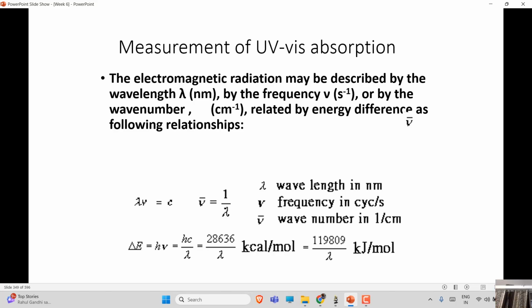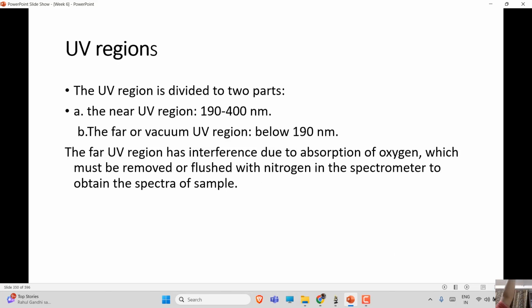We know all the relationships. The UV region is divided into two parts: the near UV region, 190 to 400 nanometers, and the far or vacuum UV region, below 190 nanometers. The far UV region has interference due to the absorption of oxygen, which must be removed by flushing the spectrometer with nitrogen to obtain the spectra of the sample.